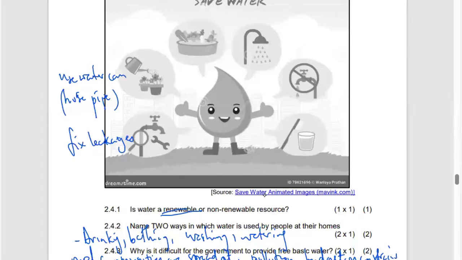Then if we check this one here, what does it say? What's the technique for this particular method? We are seeing that in this instance, we can talk of using bath water.